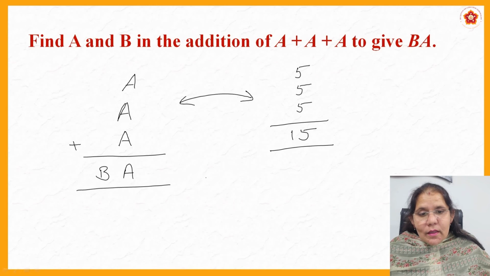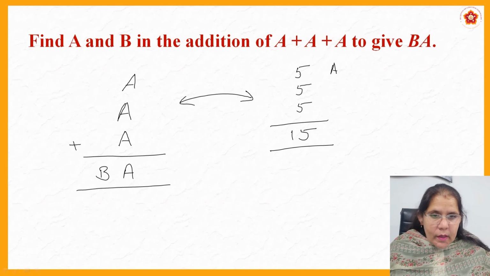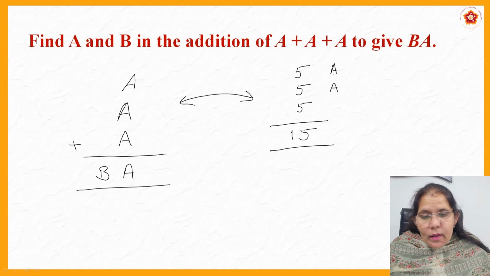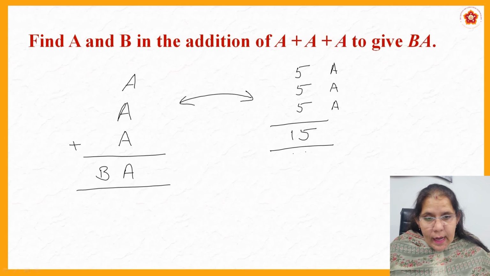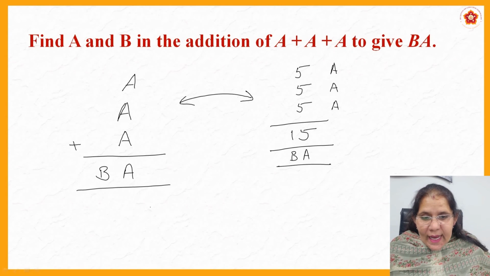Are the digits satisfying the given condition? If you see here, 5 can be written in place of A. So 5 plus 5 plus 5, and the answer is BA. So A is 5 and B is 1.